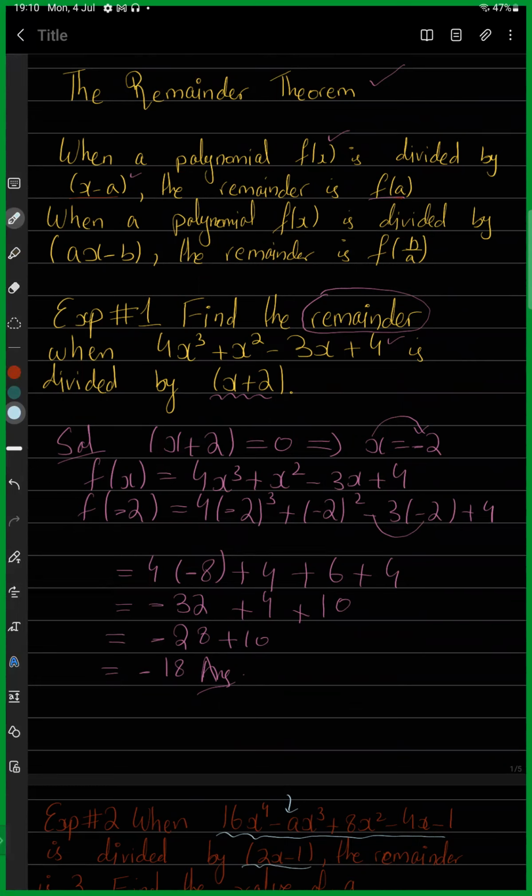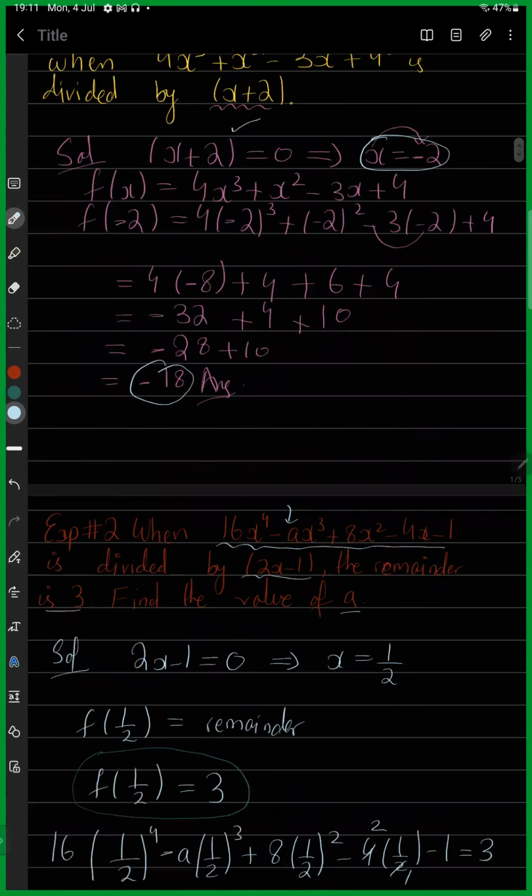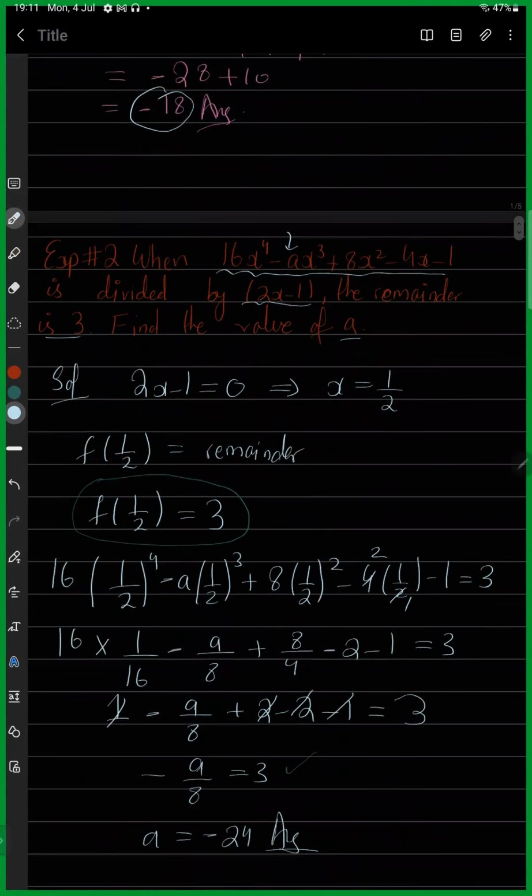Now, whenever you come across such type of a question, just take your divisor. Here is your divisor, equate it to 0 and find the value of x. So it turned out to be x equals -2. Use this x, plug in this value of x in the function, simplify it, and this is going to give you the answer.